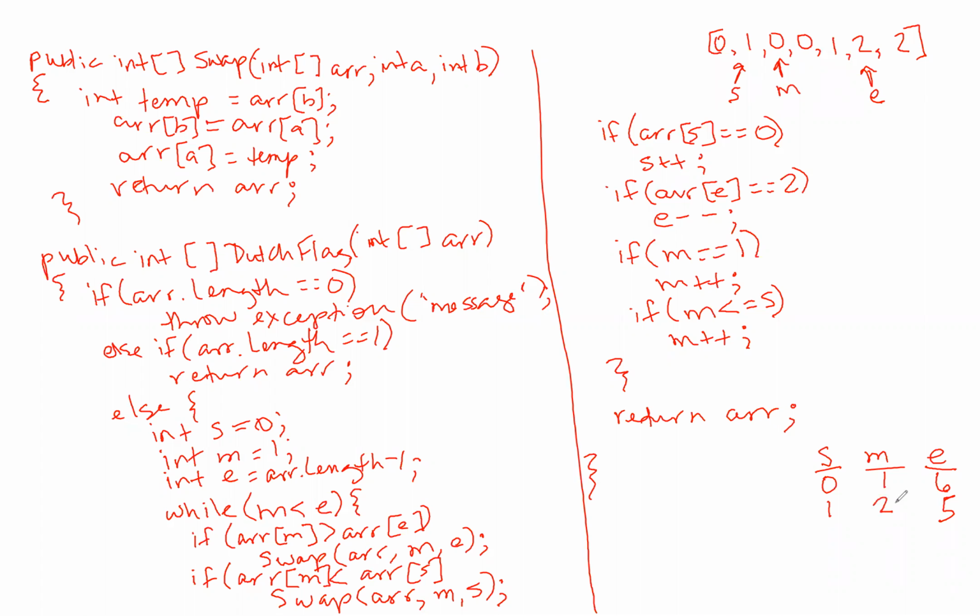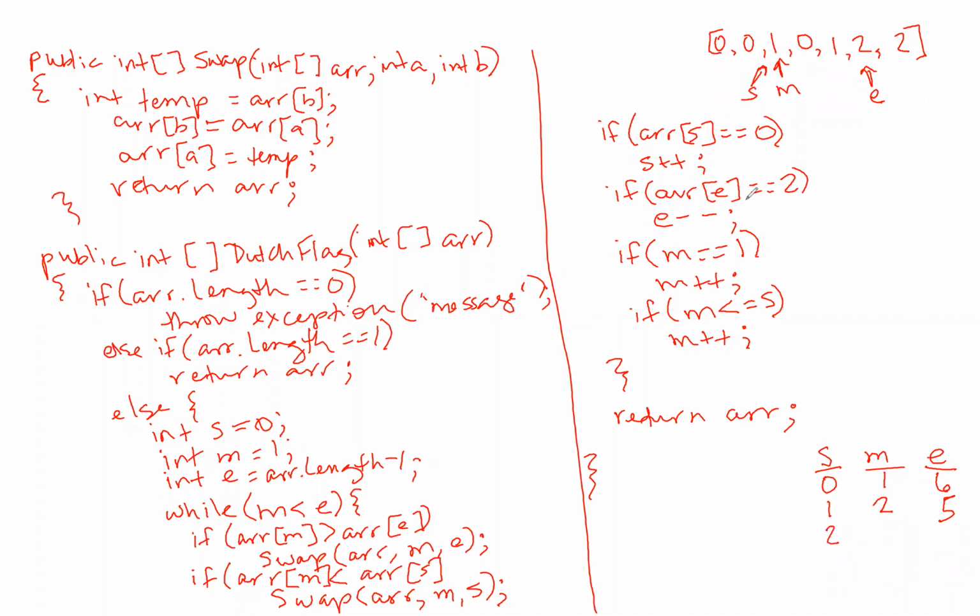Here we go into our loop. M is less than E, 2 is less than 5. So we come in and check if array at M is greater than array at E, it's not. If array at M is less than array at S, which it is, then we're going to swap. This is now 0, this is now 1. Then if array at S equals 0, S plus plus. So now S is 2.